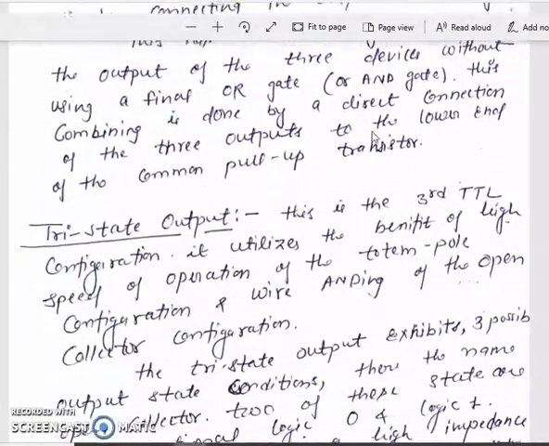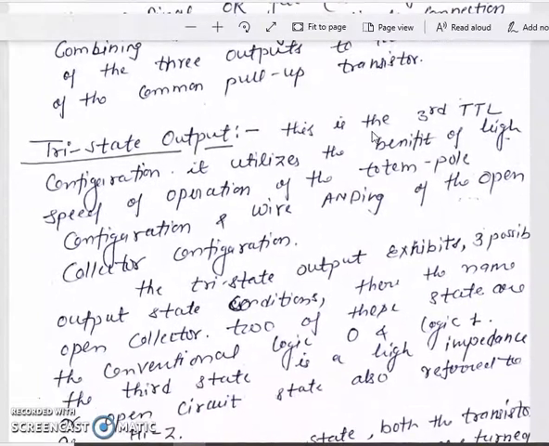Next configuration of output stage of the TTL is tri-state output. What is a tri-state output, or what is the purpose of the tri-state? This is the third TTL configuration. It utilizes the benefit of high speed of operation of the totem pole configuration and the wire-ANDing of the open collector configuration.